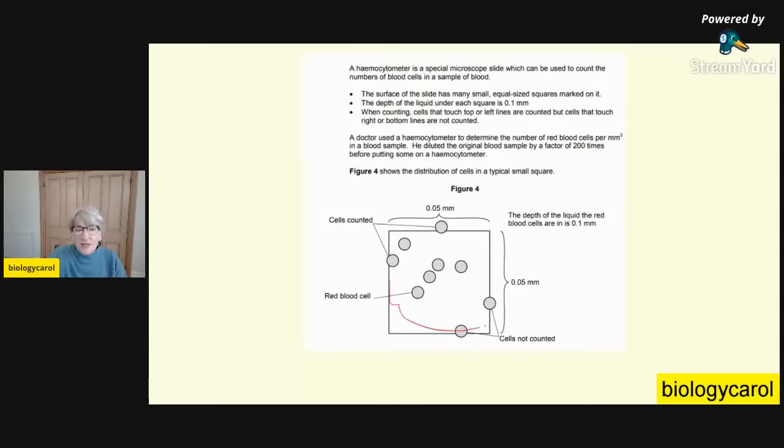And this is like a quadrat, isn't it? Just like a quadrat, but which has got a volume. And you count the number of red blood cells in each known volume of blood.